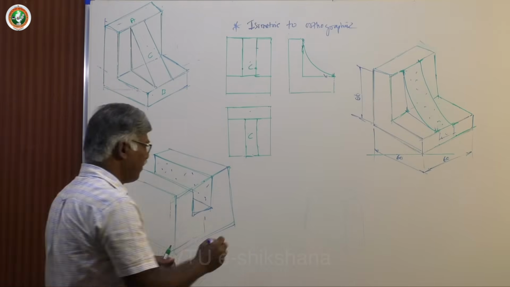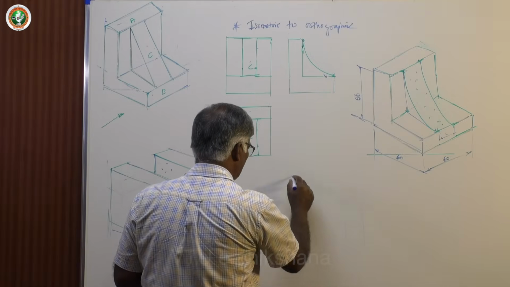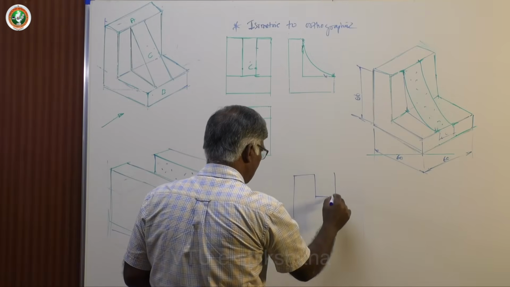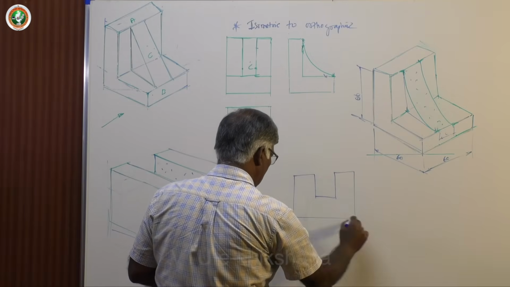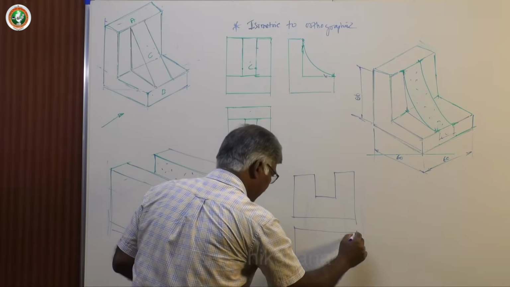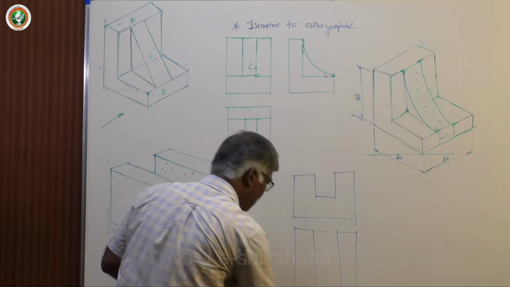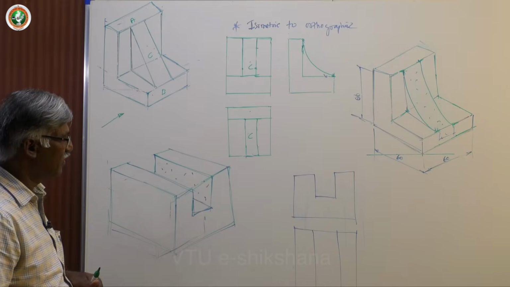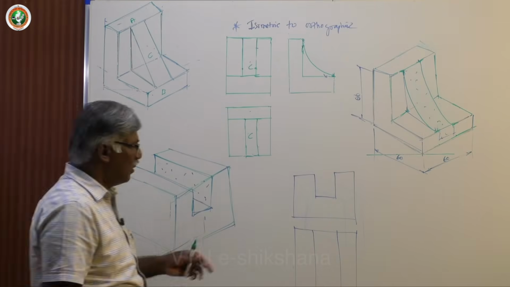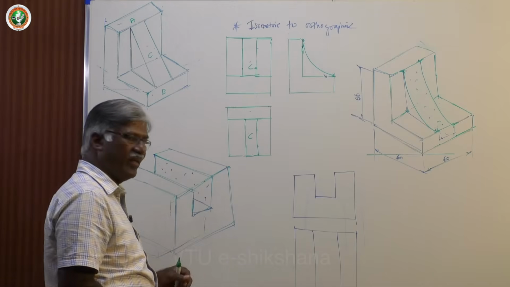Front view is just a line like this. And then top we have 4 lines totally. Some dimension, say this is 60, 20, 20 and this is 30 say.